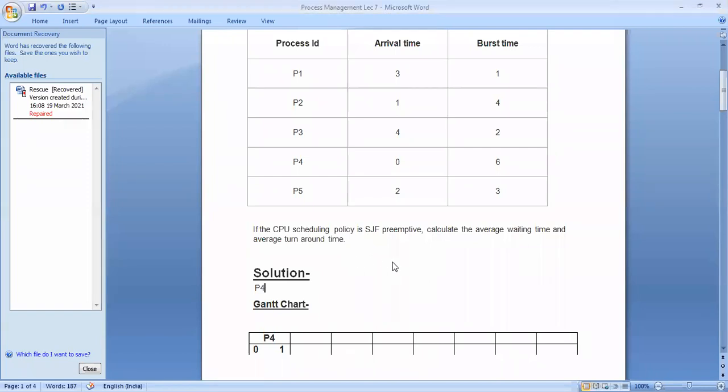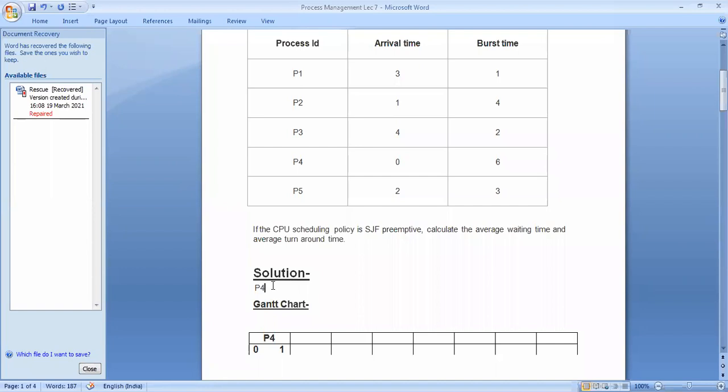So initially when arrival time is 0, within the ready queue only one process is there, that is P4. So P4 process runs, no need to check burst time, only one process is there.